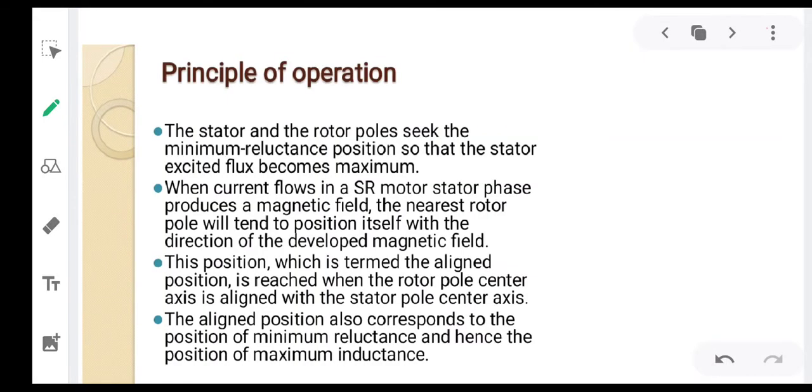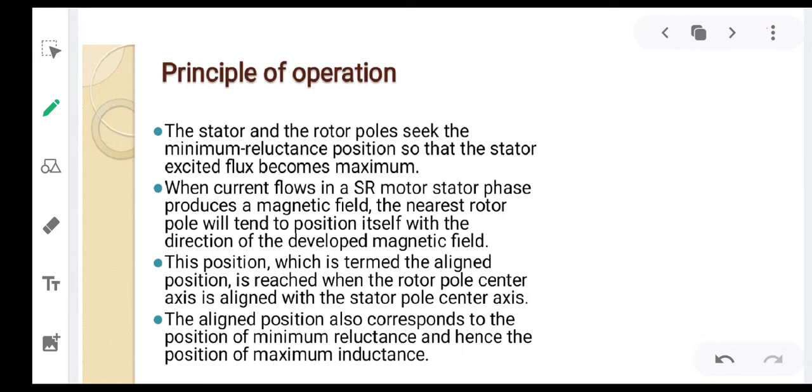Now going to the principle of operation. Just as in a stepper motor, when the stator windings are excited alternately, the rotor will move to a position in such a way that the reluctance is minimum.